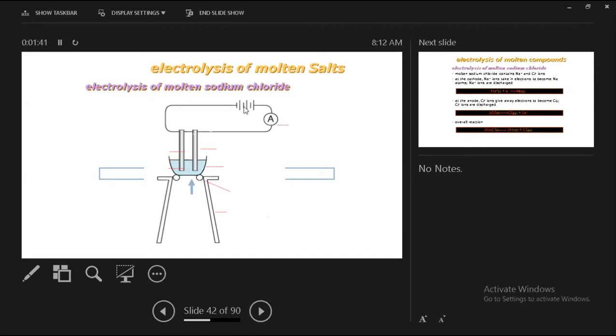When the source of electricity is switched on, the reaction takes place. How many ions does molten sodium chloride have? Molten sodium chloride will have only 2 ions: Na+ and Cl-.